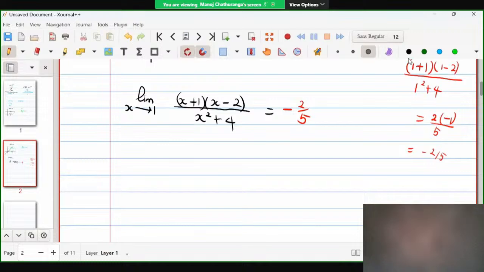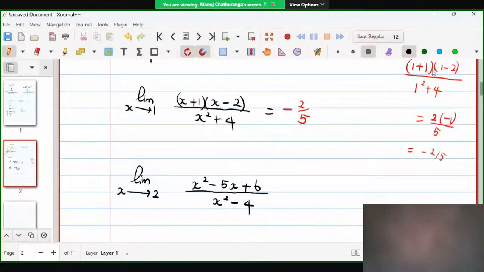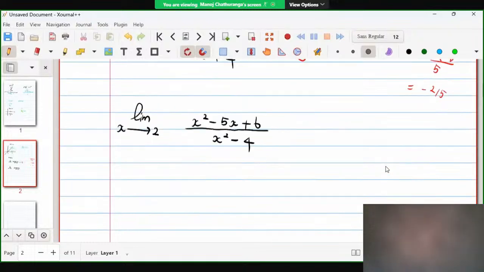Let me give you another example. Again, let's take a separate piece of paper and do our secret computation.